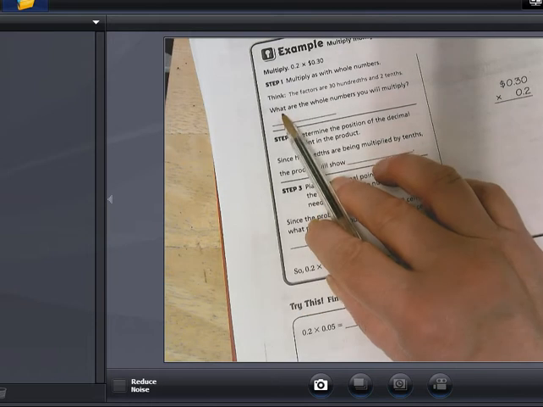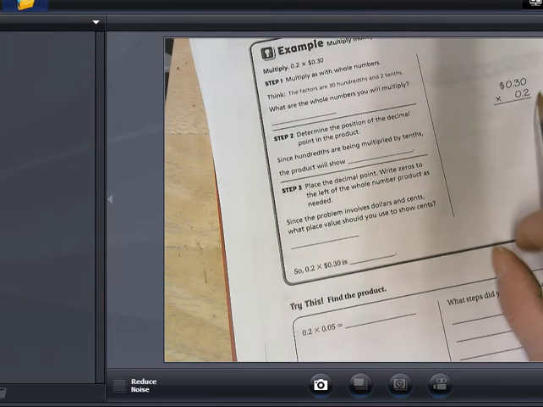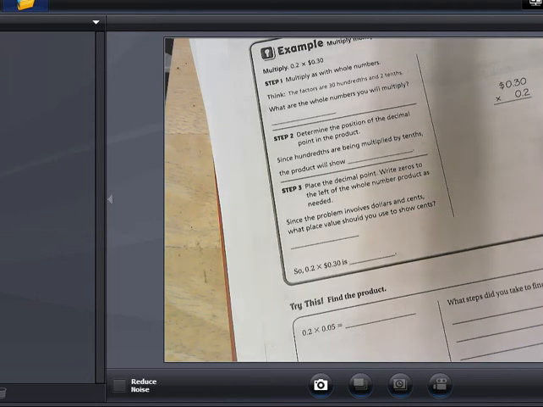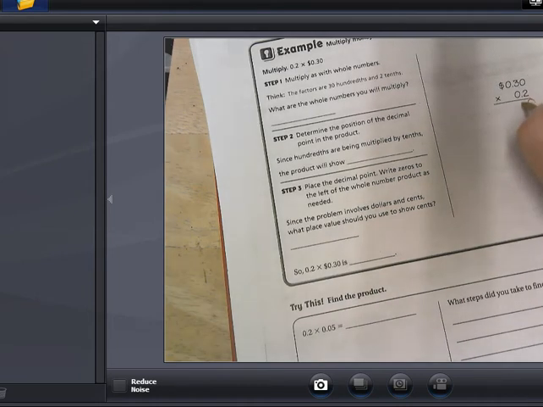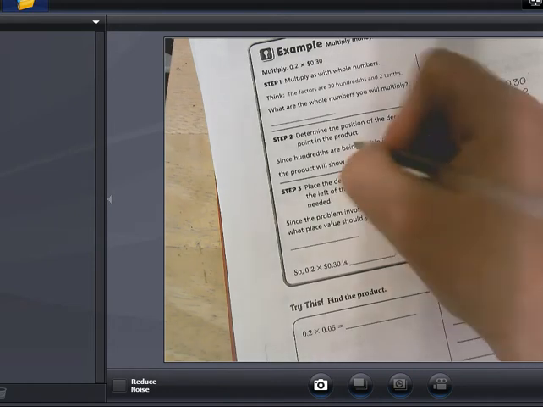So let's look here. What are the whole numbers you're multiplying? I'm really thinking of 30 times 2. So if I do those as whole numbers, I get 60. But now I've got to think about, I've got 100 times a tenth, so I know my number is going to be in the thousandths.